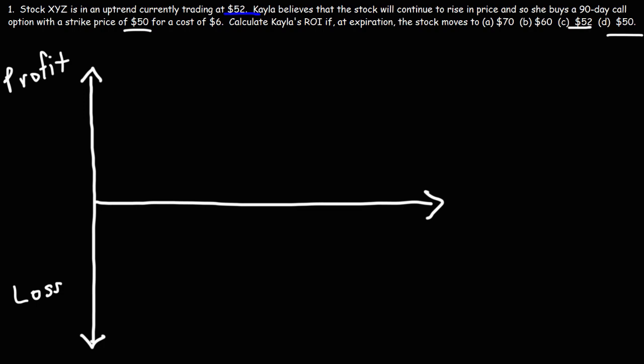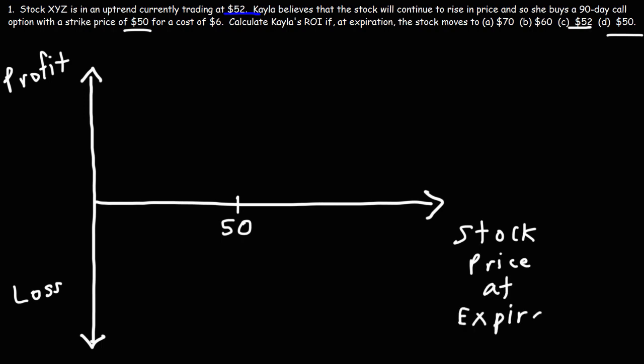Now the first thing you want to do is plot a value on the x-axis, and this will be the strike price of the call option, which is $50. I'm just going to put 50. By the way, the values on the x-axis represent the price of the stock at expiration. So first, plot the strike price.